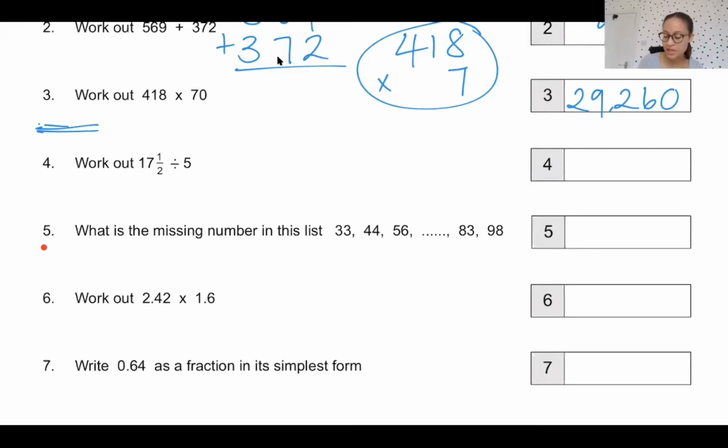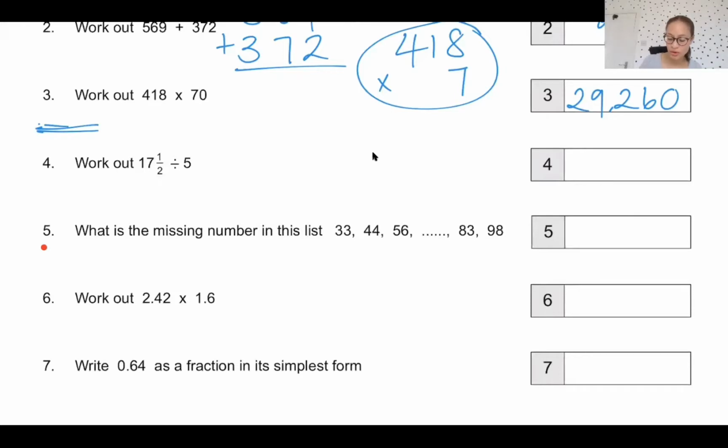So 17.5, first of all, we need to write that as an improper fraction. So hopefully you can all give me the improper fraction from 17.5. What does that make? Remember, you'll do 17 times 2 and then add it to the 1.